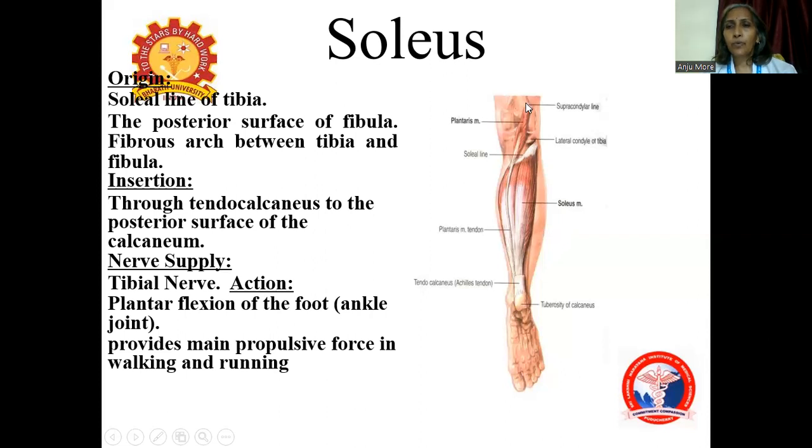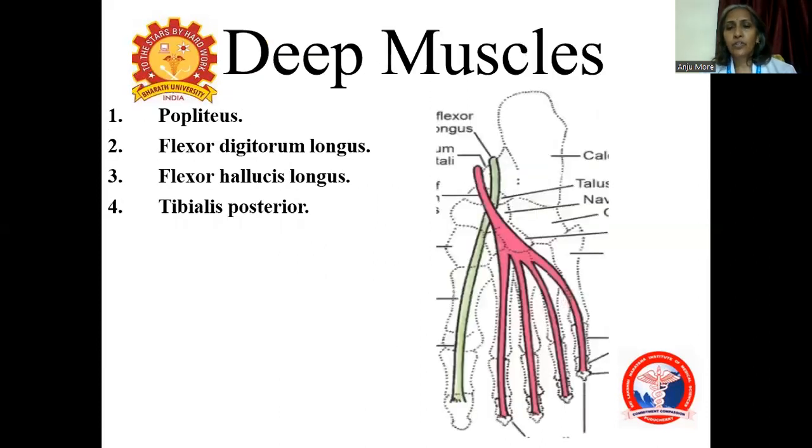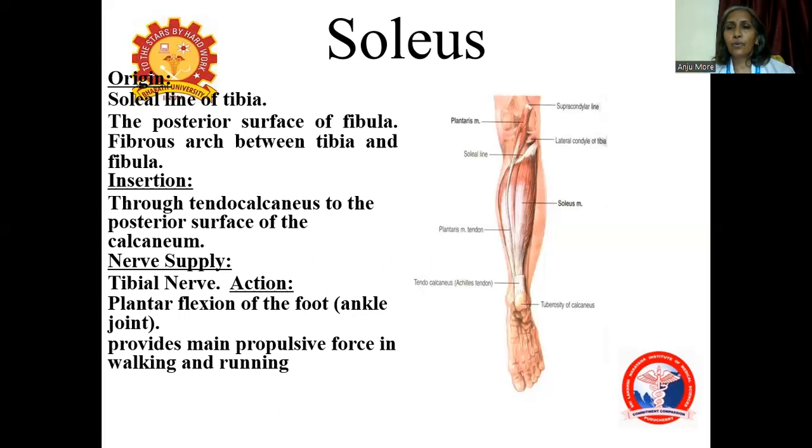It will be pumped towards heart because the veins have walls which allow only unidirectional flow of blood, that is towards the heart. So the soleus is having a rich venous plexus and its contraction is pumping blood towards the heart. That is the reason why soleus is called as peripheral heart.